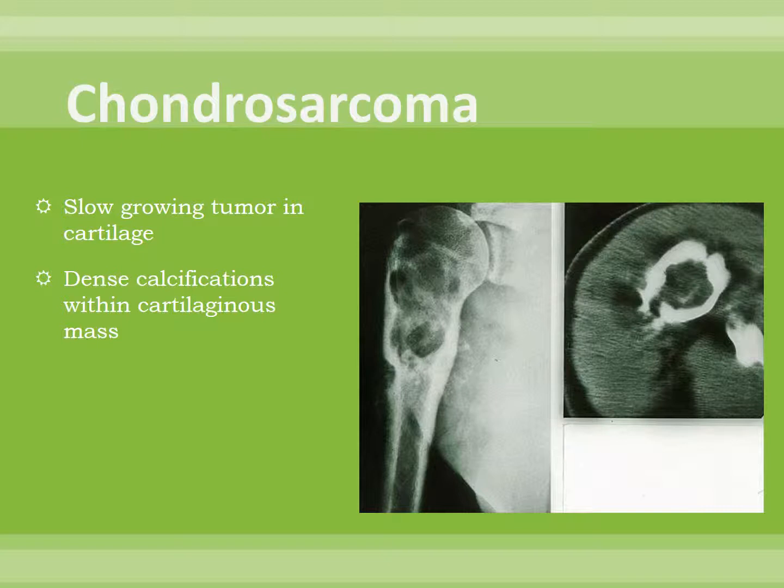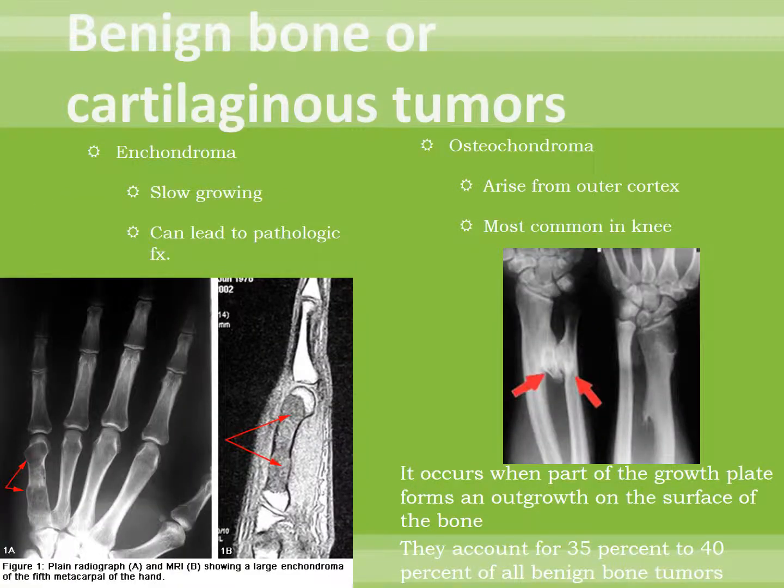They can be benign or malignant in nature, but we would also x-ray either one of those, whether they are benign or malignant. And here's some examples of benign bone or cartilage tumors.